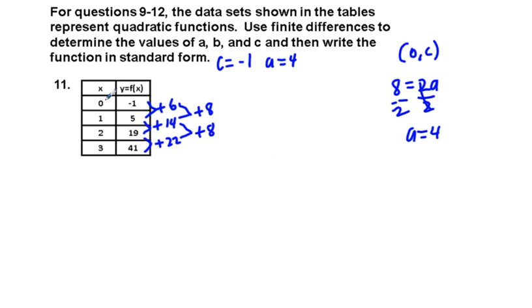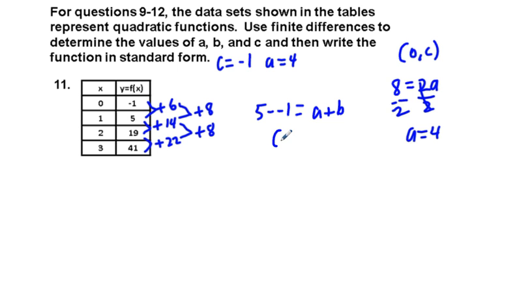And now the difference between these first two terms, 5 and negative 1. So we're going to have 5 minus negative 1 is going to be equal to a plus b.